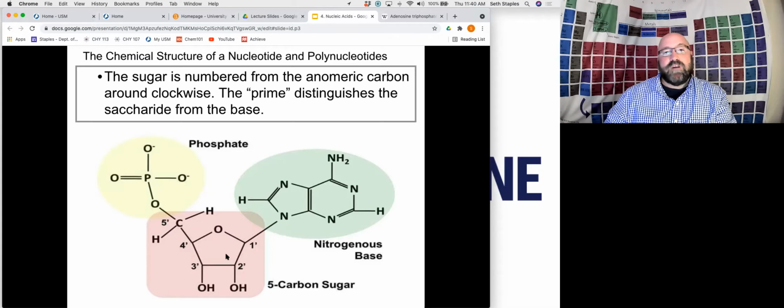The numbering just differentiates between the two, so that if we say we're talking about the 4' carbon of our nucleotide, we know that we're talking about the carbon on the sugar and not one of the carbons on our base. And so again, this is just another depiction of a general nucleotide structure with our sugar and our phosphate group and our nitrogenous base attached onto the anomeric carbon of our sugar.